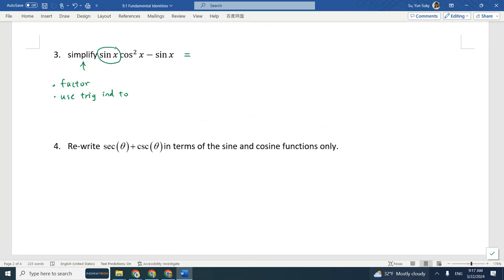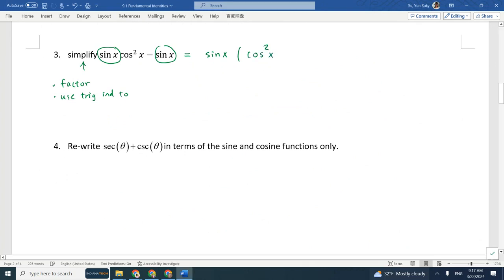Can you see we have a common factor sine x? So let's factor out sine x. And then what's left? The first term, you factor out sine x, what's left? Cosine square.